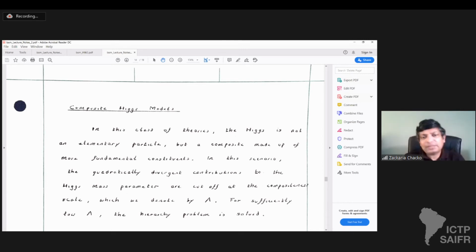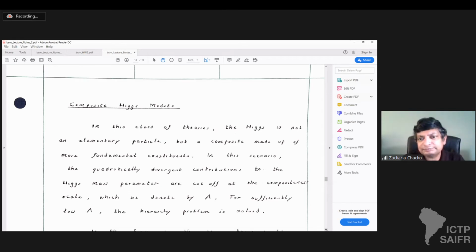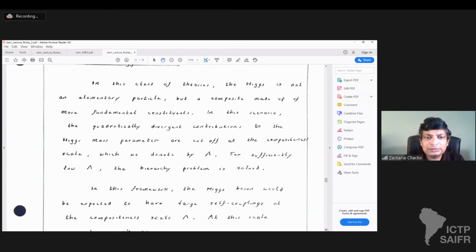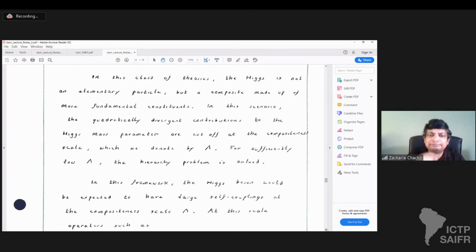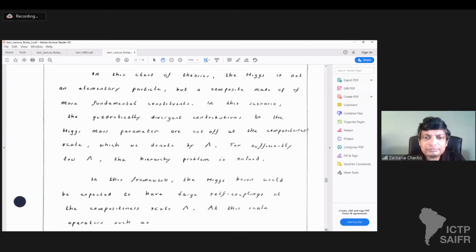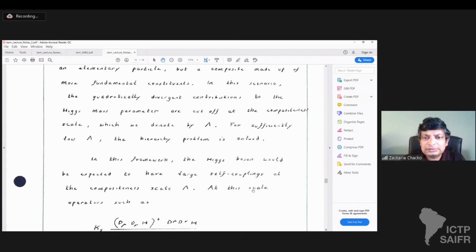All right, so now the big question is, how low can we go? How low can you make lambda? And remember, the Higgs is a strongly coupled composite, and so it's going to have pretty big self-couplings.